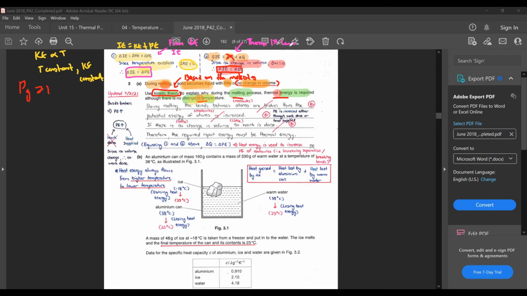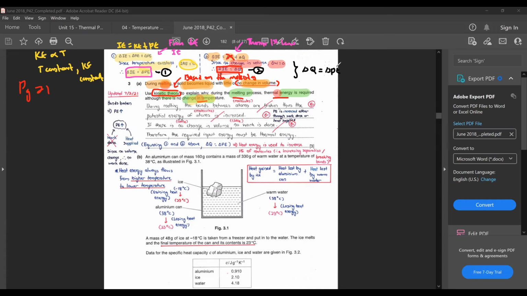So you look at this one. If I tell you that this one is equation 1, and this is equation 2, if you combine them together, aren't you going to get delta Q equals change in your PE?